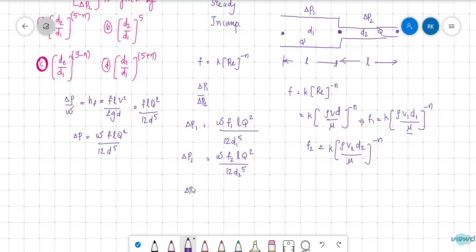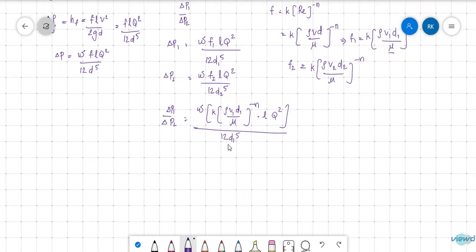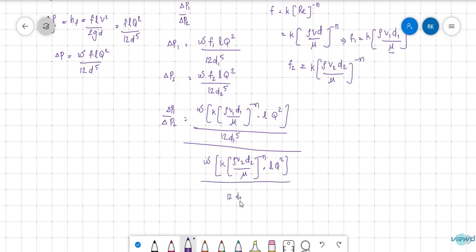Substituting this in delta P1 divided by delta P2, that will be w into f1, where f1 is K (rho V1 D1 by mu) power minus n, into L Q squared divided by 12 D1 power 5, divided by delta P2, which is w into f2, where f2 is K (rho V2 D2 by mu) power minus n, into L Q squared divided by 12 D2 power 5.